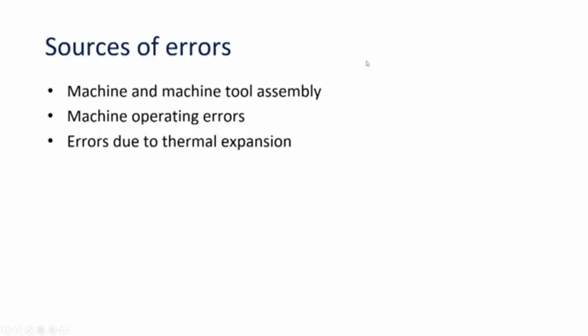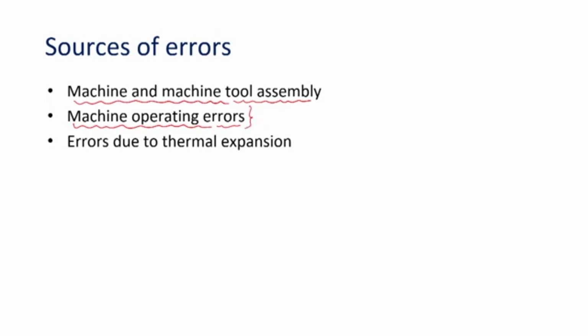Then the thermal expansion errors. All these machine tools have mechanical parts made of metals. So, when we are working in a high temperature zone, a high heat zone, such as in additive manufacturing, the machine tool parts also get heated up and may expand, and due to this expansion, we may not get the required precision or accuracy.